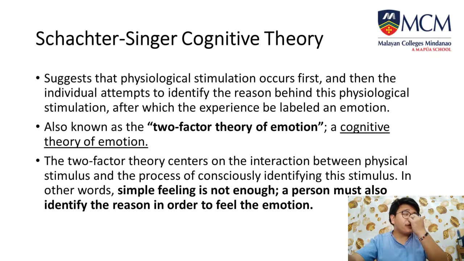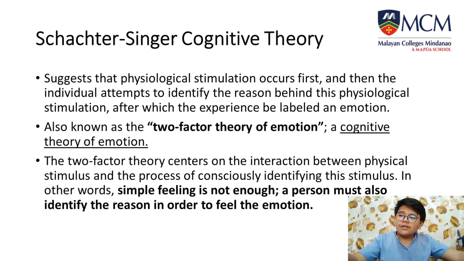If to put it in a very simple sense, there will always be a stimulus for their theory, and the stimulus will create a reaction to that certain stimulus. That's why they say a physiological stimulation occurs first, and then the individual attempts to identify the reason behind it. So the experience itself is called the emotion.